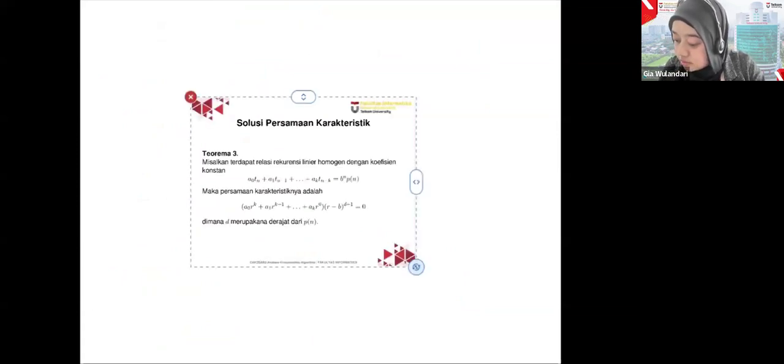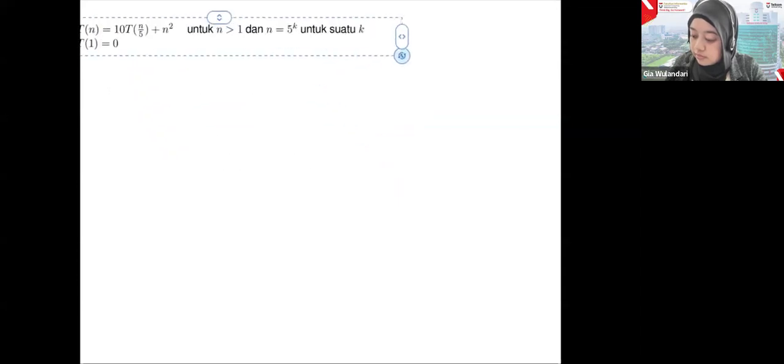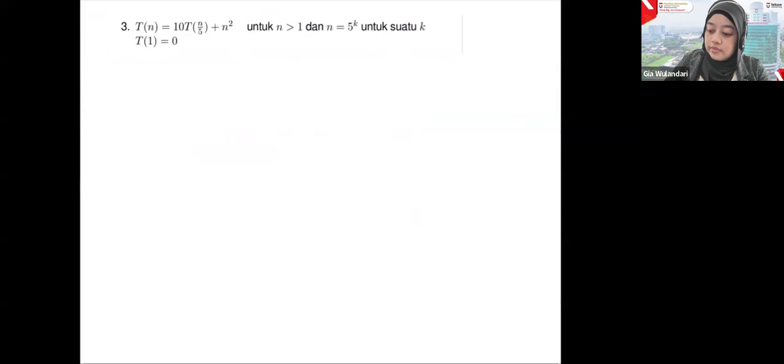And the last one, here we have Tn minus 10 T n over 5 equals to n square.